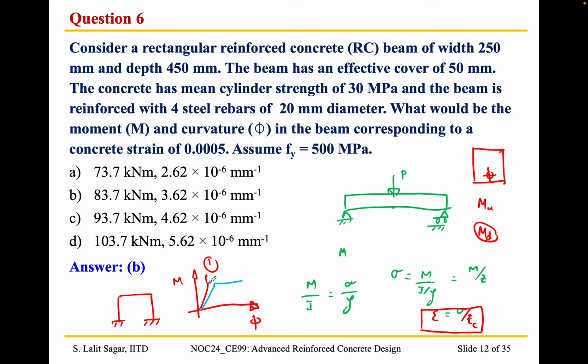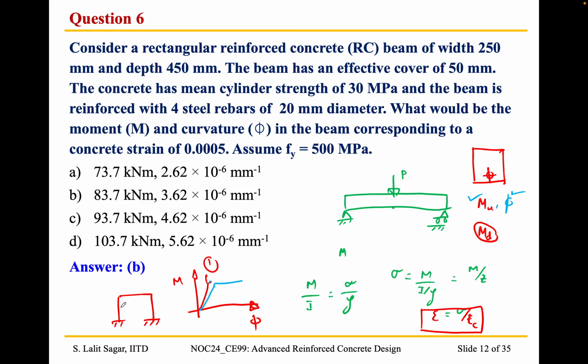So it is not just the value of m that is required, we need to find out the value of phi also. From that perspective it is really important that you understand the flexural behavior of a beam, because along with the moment of resistance we need to assess the ductility characteristics of the flexural members also.